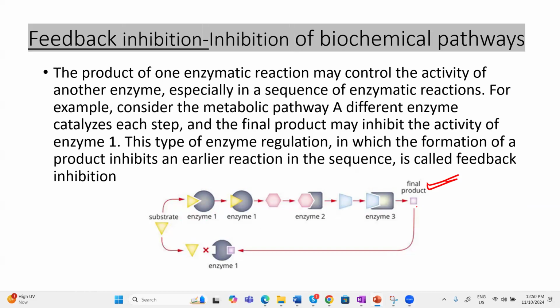It is a type of regulation in which the product will inhibit the first step only. Is it clear, beta? Now, if you see, this final product is binding to the allosteric site, and as a result, the substrate is not able to bind. So feedback inhibition we generally see in a biochemical pathway in which the final product can regulate the enzyme activity by binding on the allosteric site.